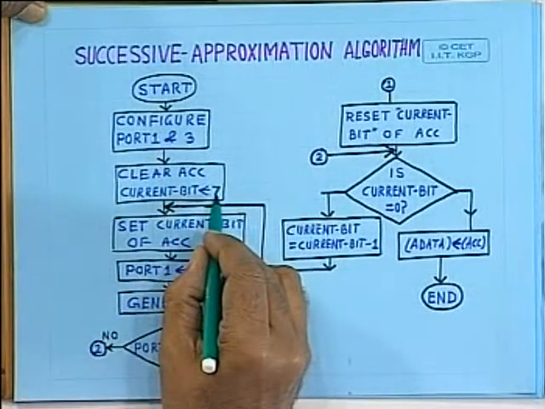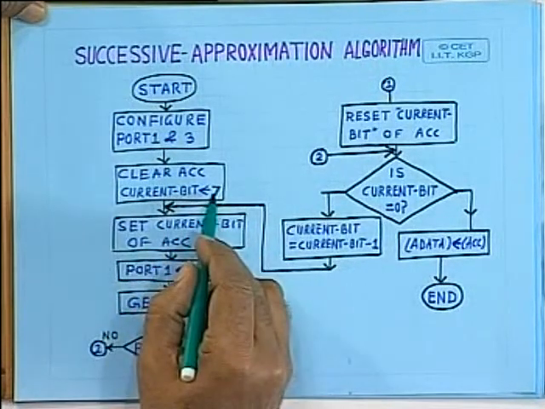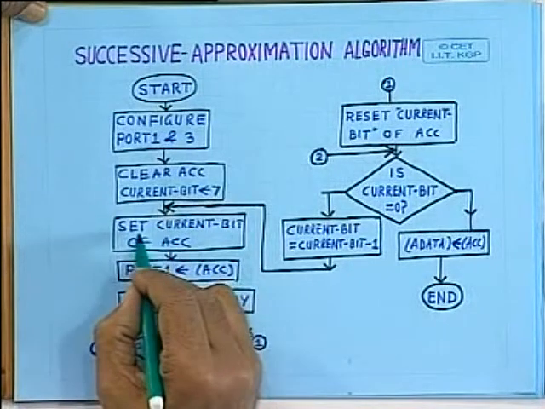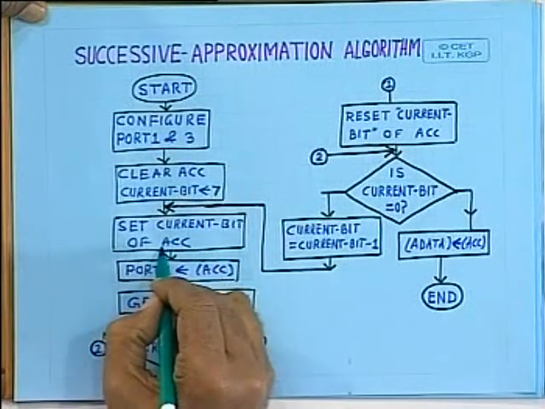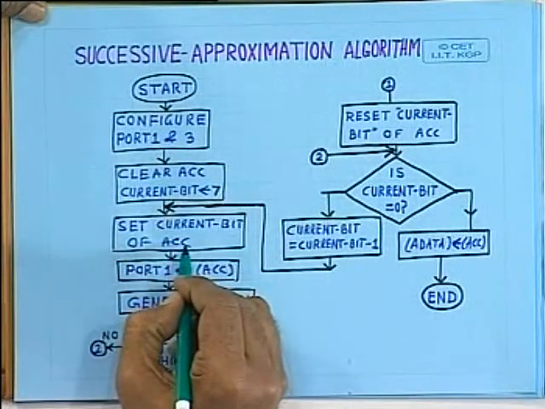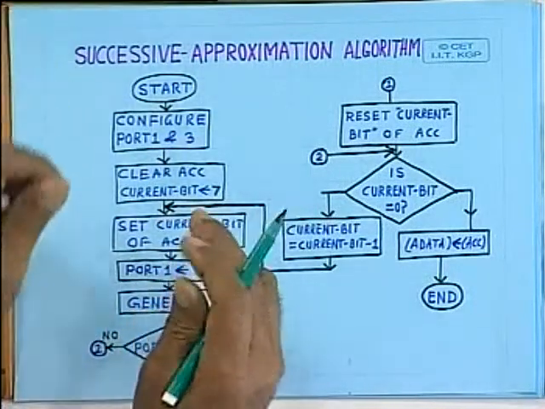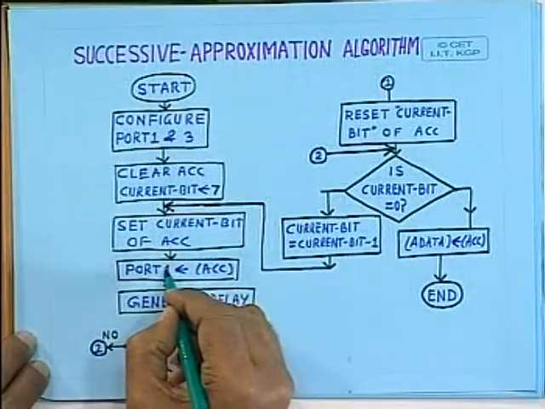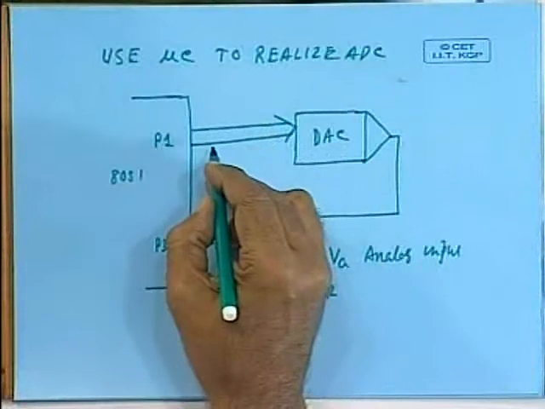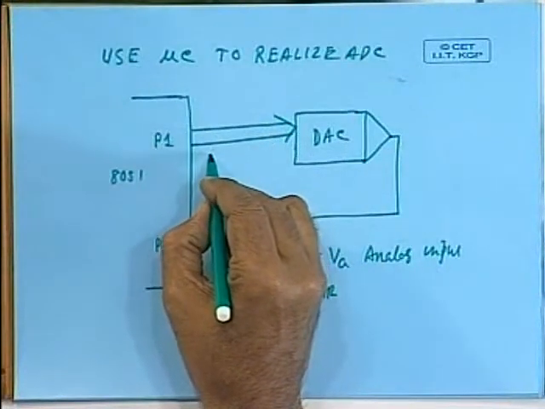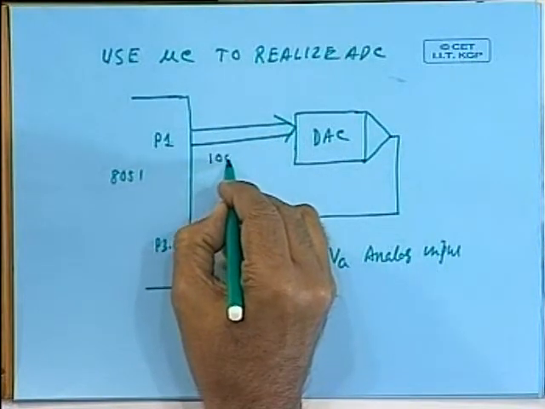Then set the current bit of ACC. That means the accumulator will now have most significant bit 1 and the remaining bits 0, and that is applied to port 1.